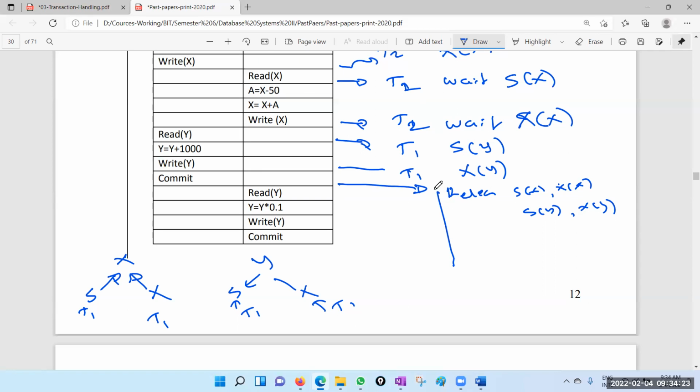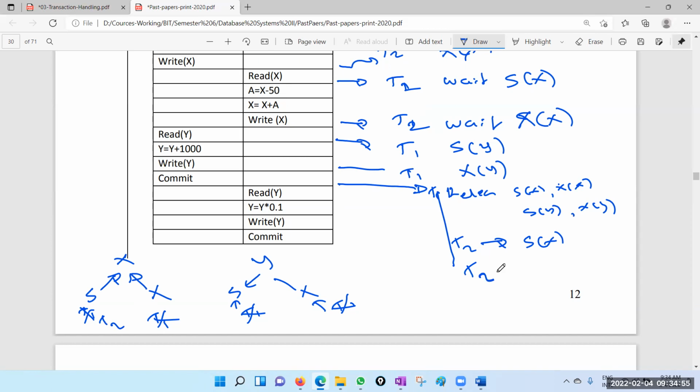This is T1, and T2 will get shared X, because it was waiting for the shared lock of X. And since it has the shared lock, it can get the exclusive lock as well.